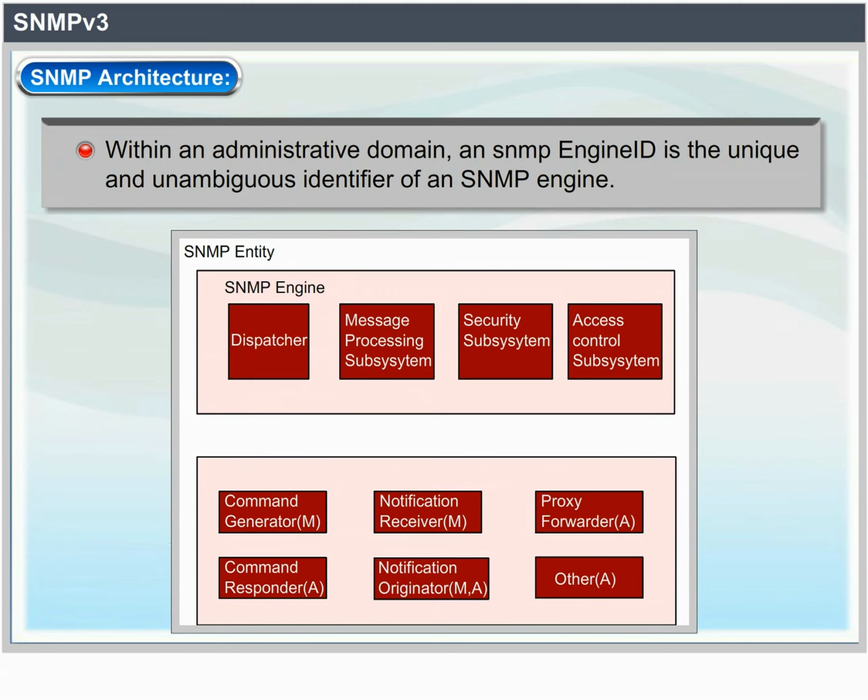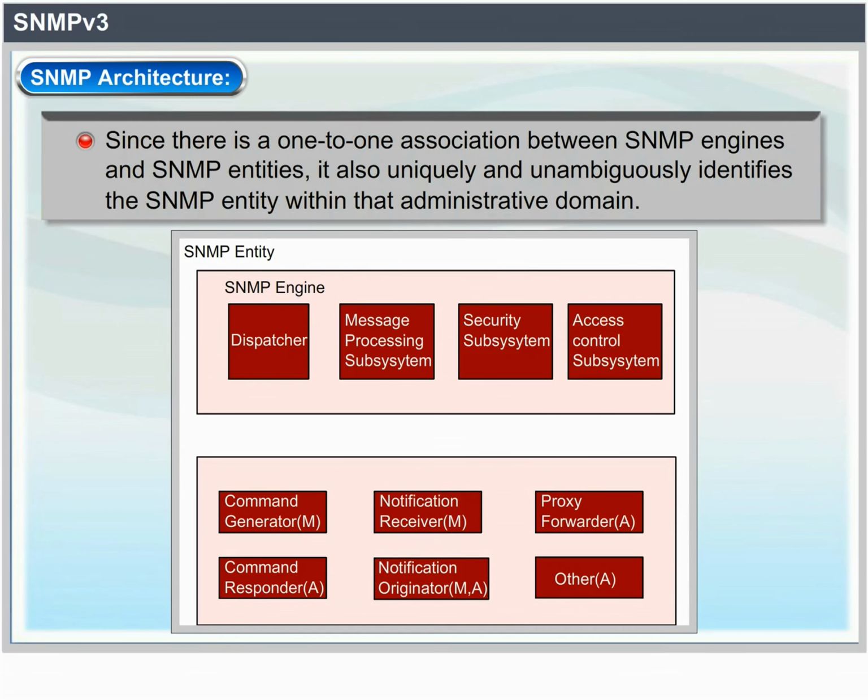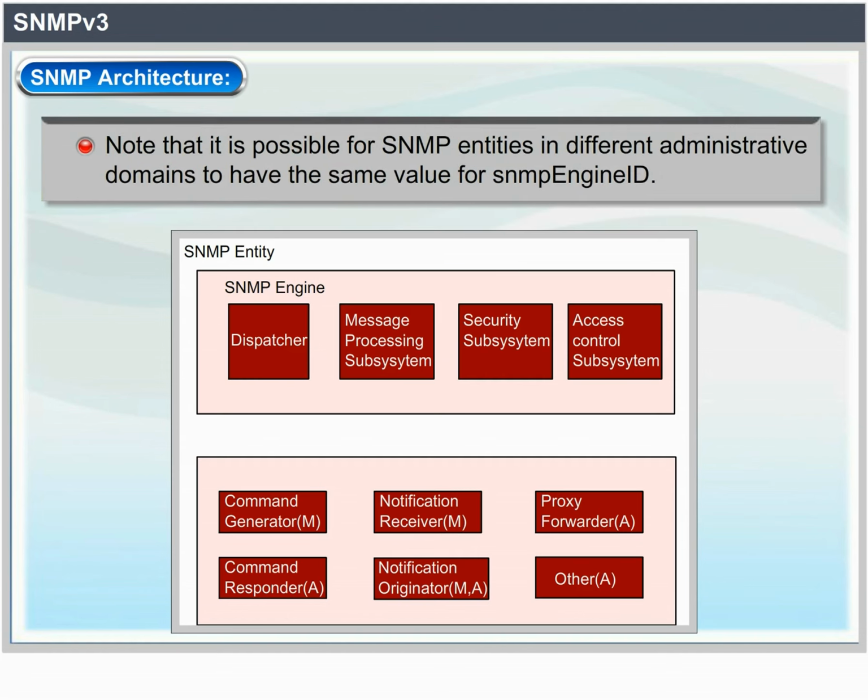Since there is one-to-one association between SNMP engines and SNMP entities, it also uniquely and unambiguously identifies the SNMP entity within that administrative domain. Note that it is possible for SNMP entities in different administrative domains to have the same value for SNMP engine ID.